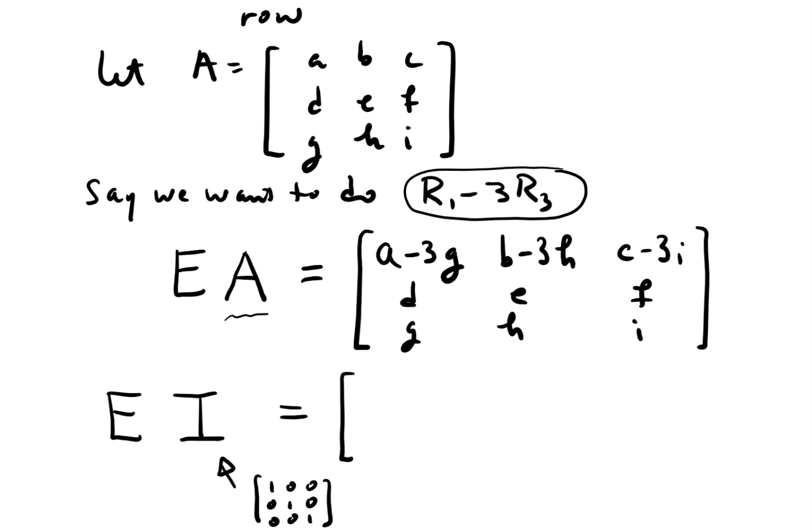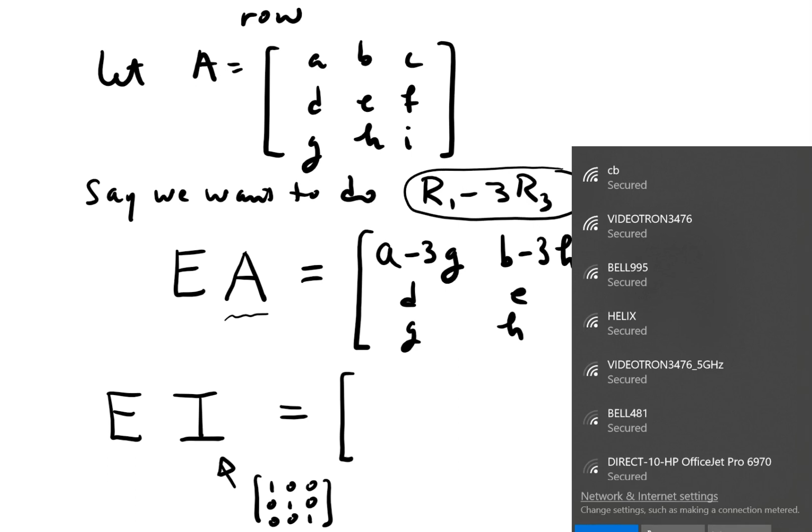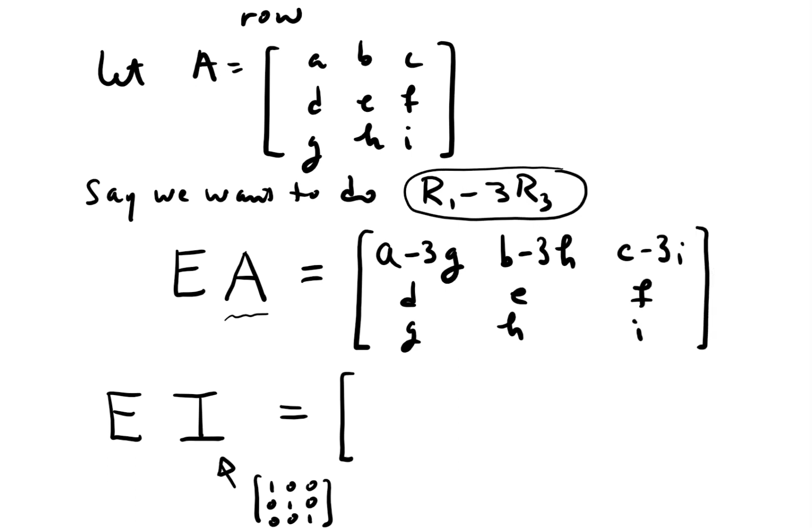So if I change the first row of the identity matrix, I'll do 1 minus 3 times 0, so that's just 1 here. Then 0 minus 3 times 0, so 0 here. And this entry will be 0 minus 3 times 1, so minus 3.